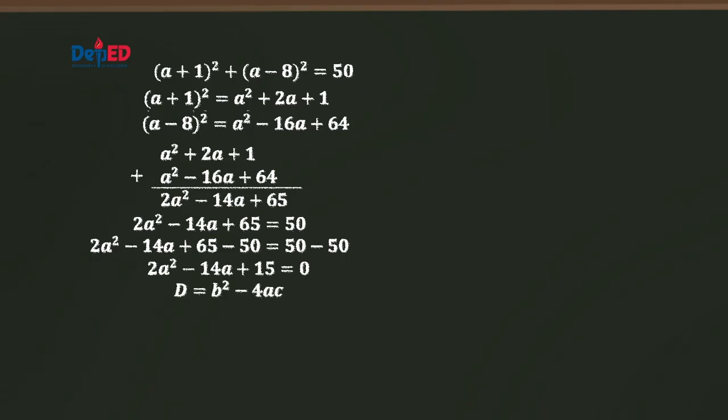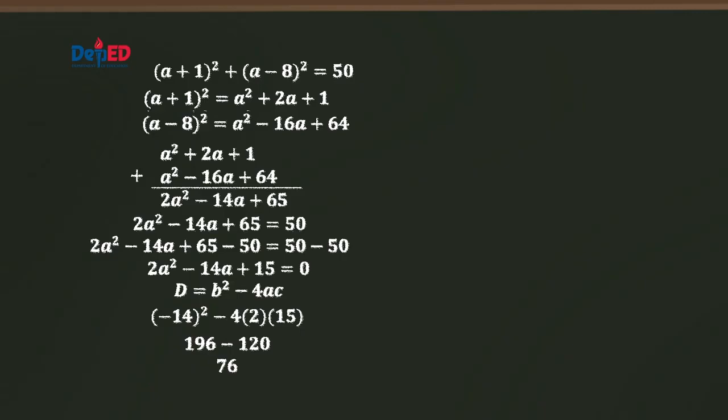The discriminant of this polynomial, 2a squared minus 14a plus 15, is given by the expression negative 14 quantity squared minus 4 times 2 times 15, which must be equivalent to 196 minus 120. Thus, the discriminant is equal to 76, positive, but not perfect square. This means that the trinomial is not factorable.